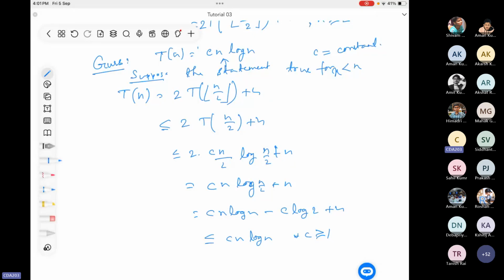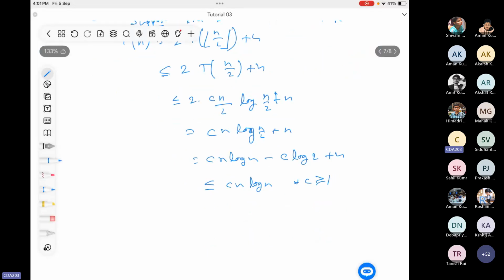For the running time, it's okay if it's working from 2, 3 or something, because for the rest of the part it's following the same procedure. So our running time in this case is C n log n. This is basically the merge sort that you have done. This is the running time of merge sort.